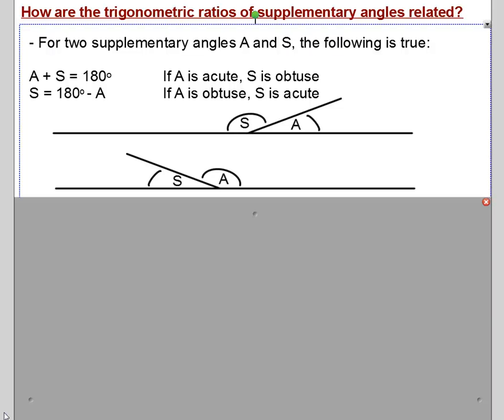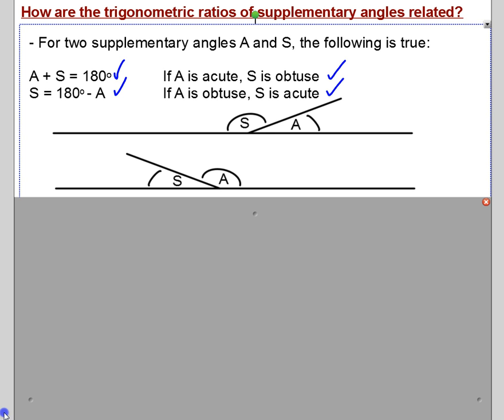They add to 180 degrees. That's the first relationship. Because of that, one angle, the supplement, would be the other subtracted from 180. If one angle is acute, the other has to be obtuse, and vice versa.